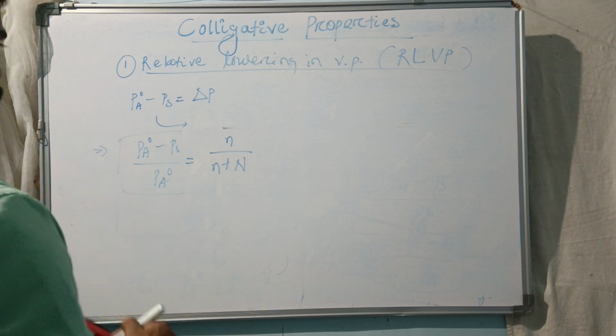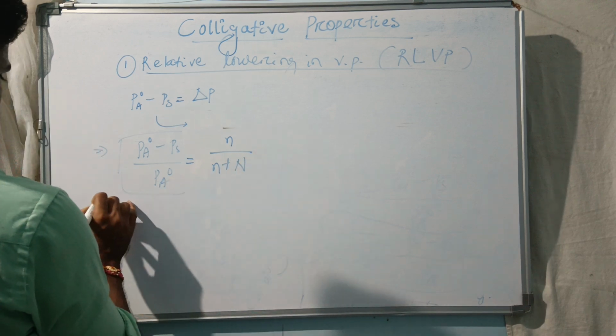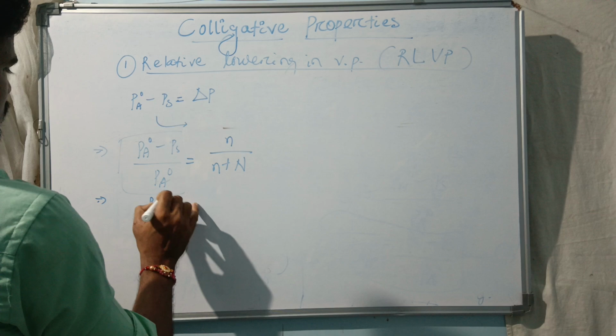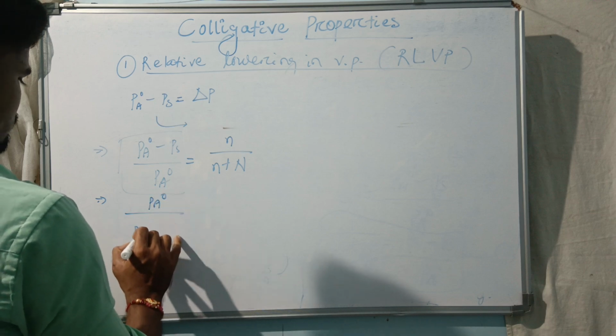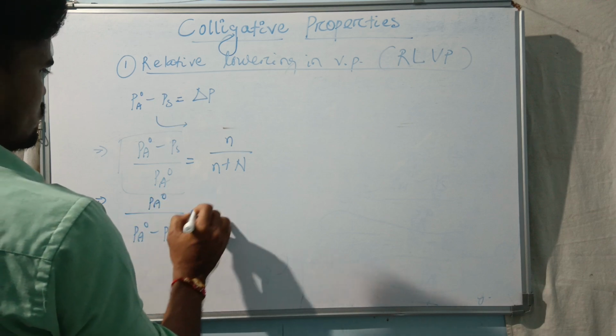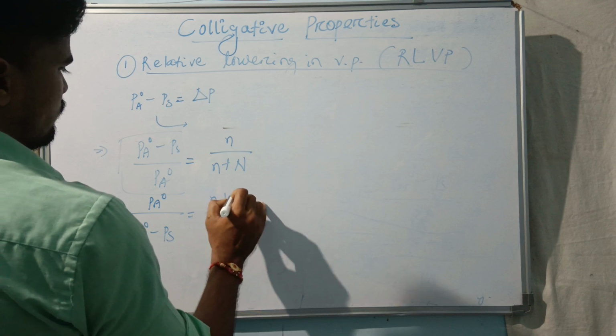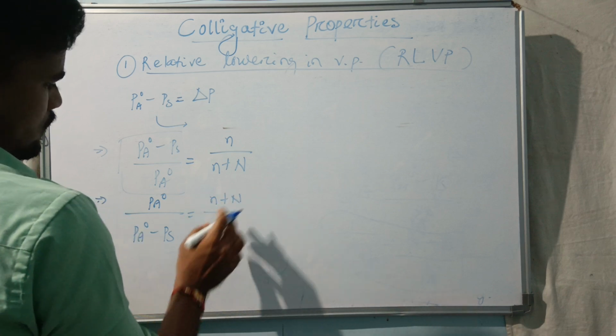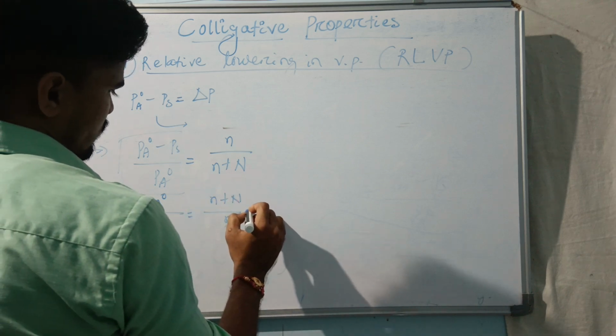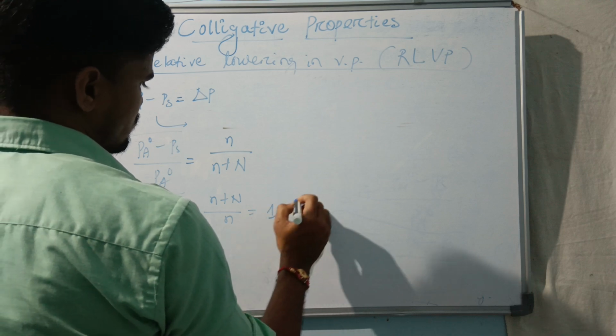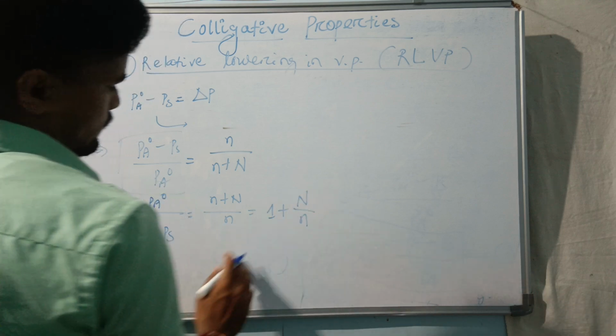So PA naught upon PA naught minus PS is equal to n plus N upon n. Now this form we can write as 1 plus N upon n.